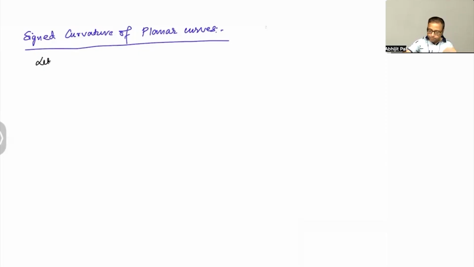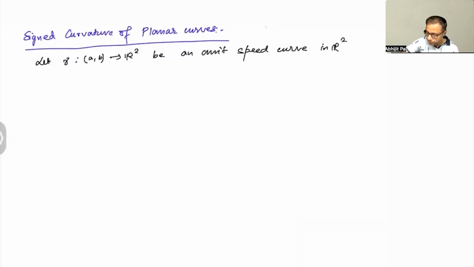So let gamma be a unit speed curve in R2.